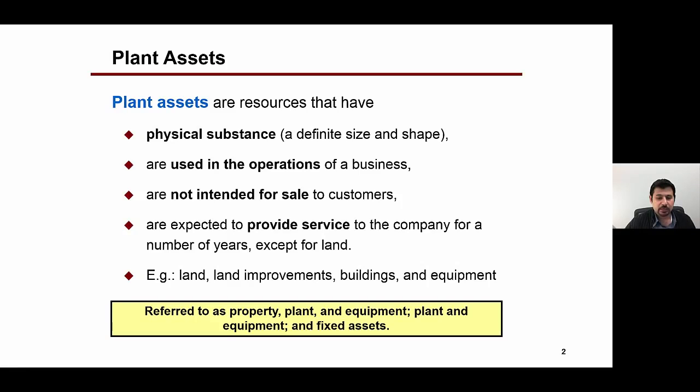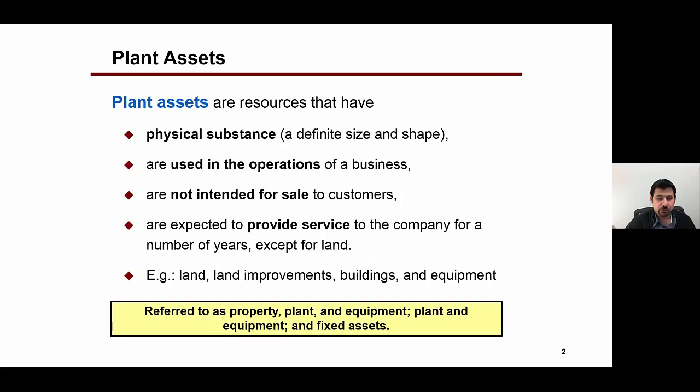On the other hand, if the company invests in purchasing and selling trucks, if that truck is not used for delivery, then it is not considered as plant assets. The same can be said about buildings, for example. If a company purchases a building in order to use it as offices or as a warehouse or something like that, that can be considered as a plant asset.